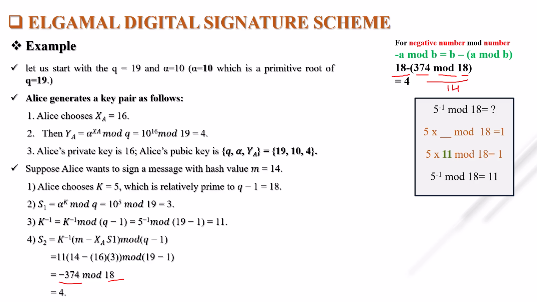So 18 minus 14 is 4. So this is how you can get the negative integer mod any number. Is it clear? Okay.